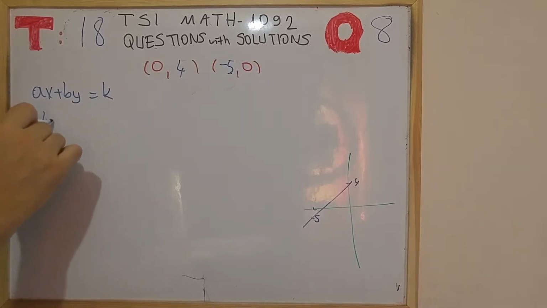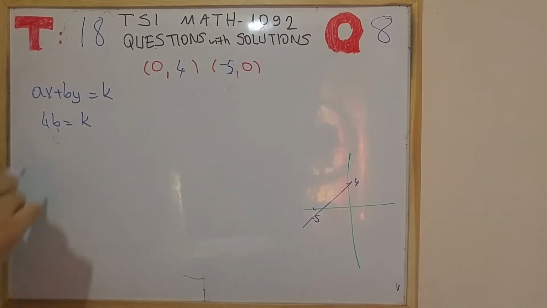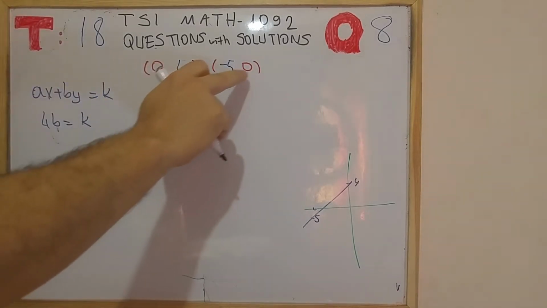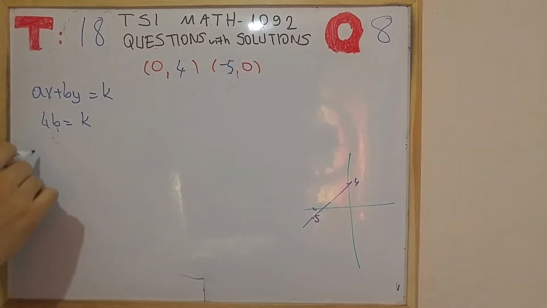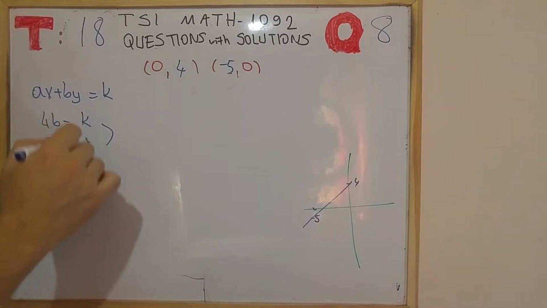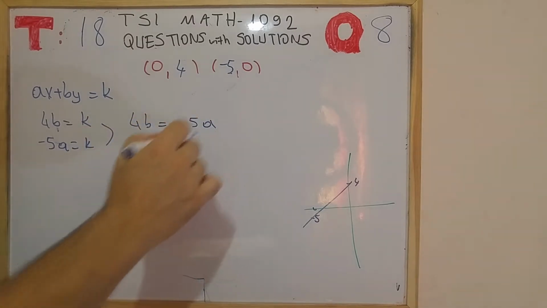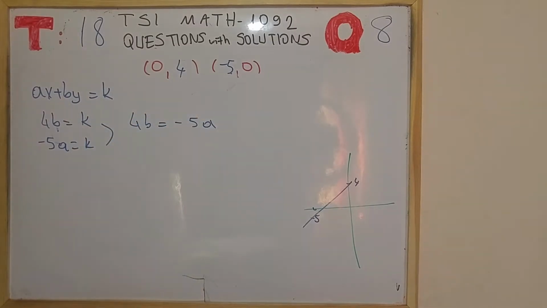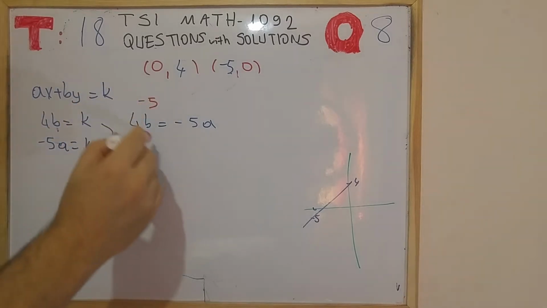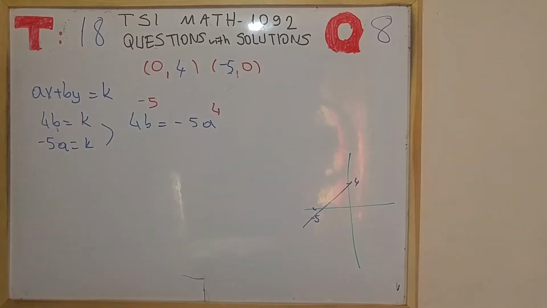So what I have is 4b is equal to k. And similarly, for y is equal to 0, x must be minus 5. So minus 5a is equal to k. So from here I can find that since k's are equal to each other, 4b must be equal to minus 5a. So I can say that minus 5 is proportional with b and 4 is proportional with a.